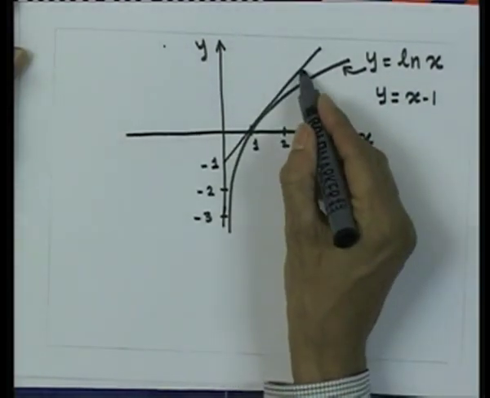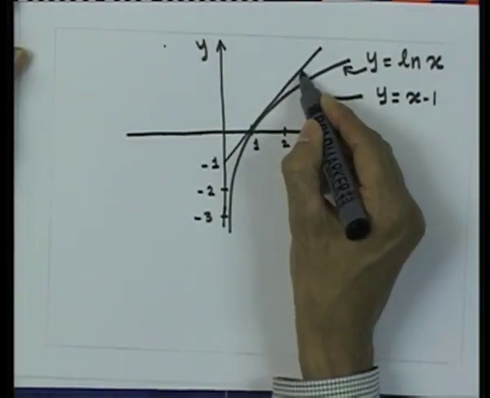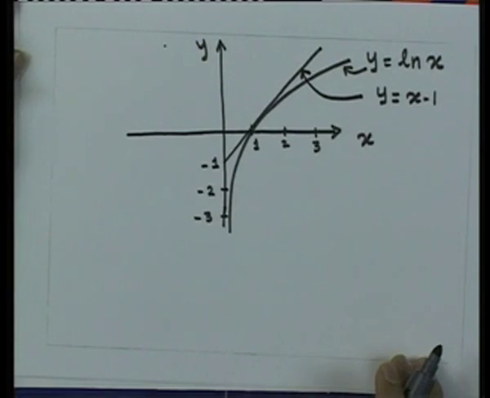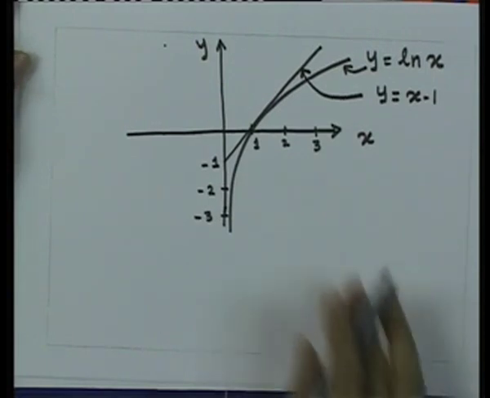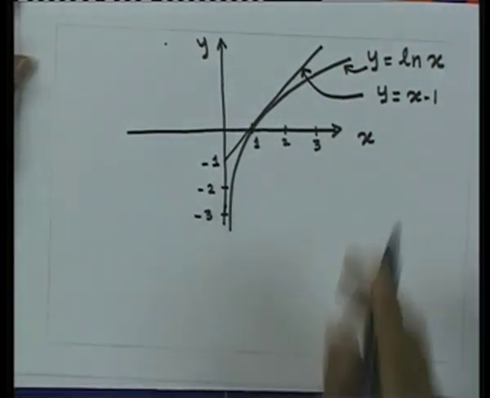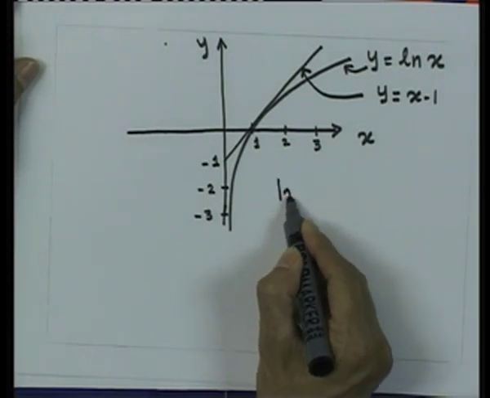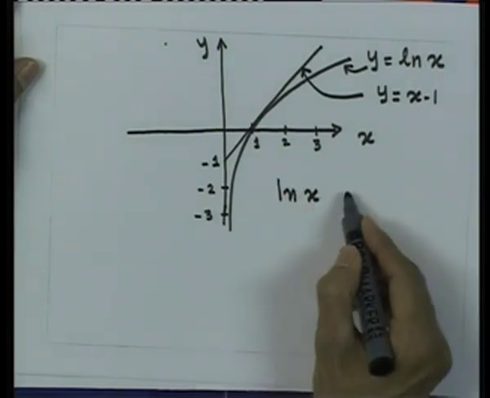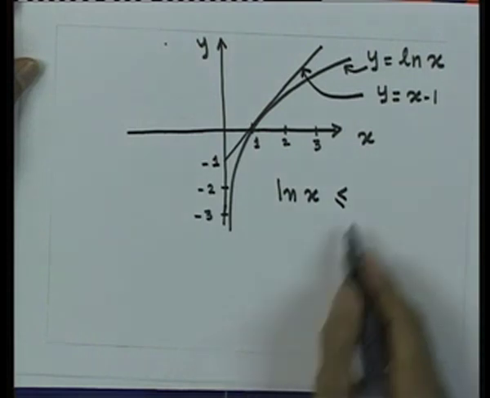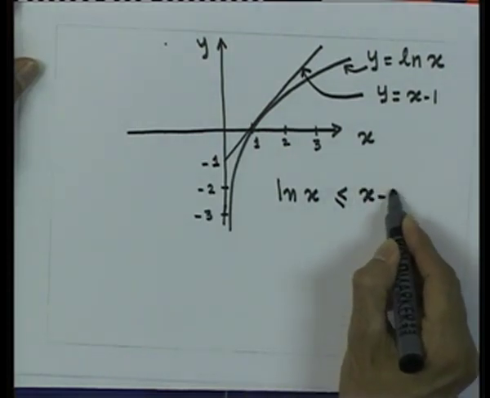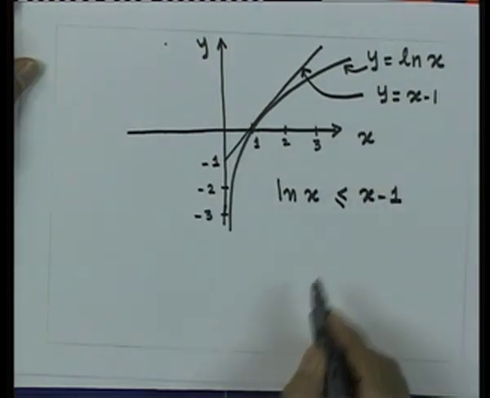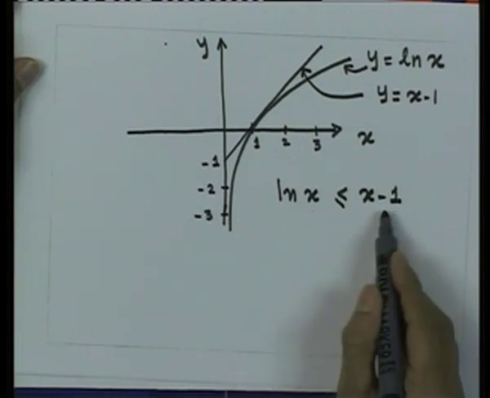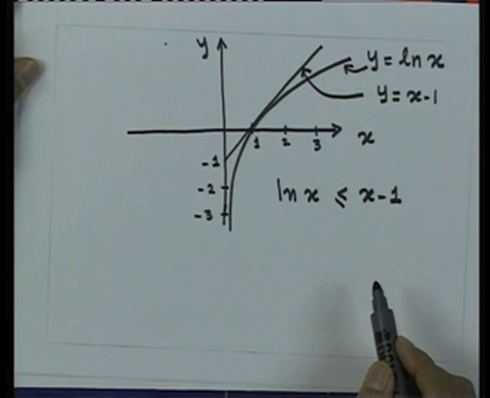This is the plot for y is equal to x minus 1. So, graphically I can say that log x is always less than or equal to x minus 1, and both quantities are equal only at one point, that is x is equal to 1.